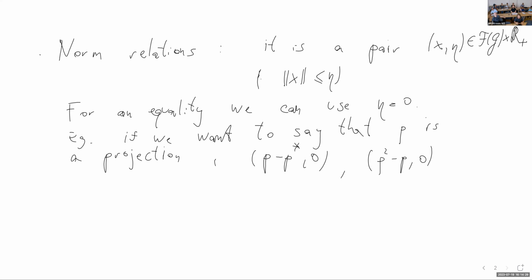So for now, it's just what you want to impose for this element. And as I said, what can happen is that all elements are 0 and the algebra is 0. Say you want to impose that x squared is 1, then x squared is minus 1.